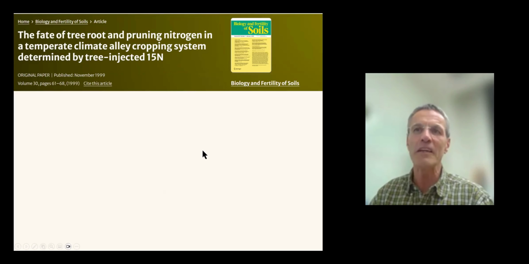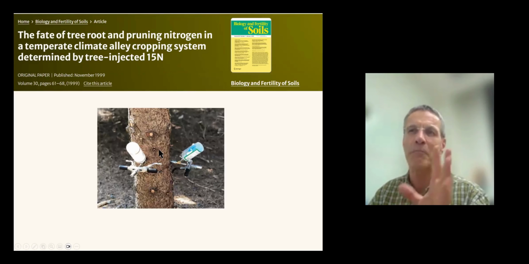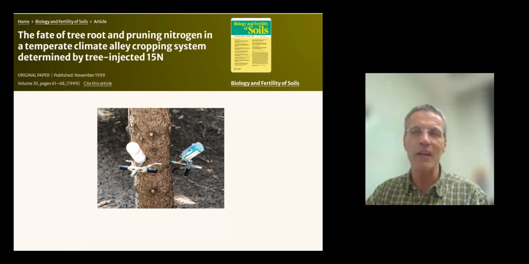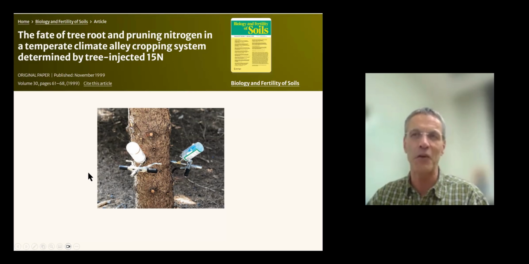So we did that, and this is not from my plot, but it gives you a sense of what we did. We injected the tree with this N15, basically replacing the N14 with N15, and had then a completely different ratio of N14 to N15 in those trees. And then we could follow wherever this different ratio between those isotopes occurs again.